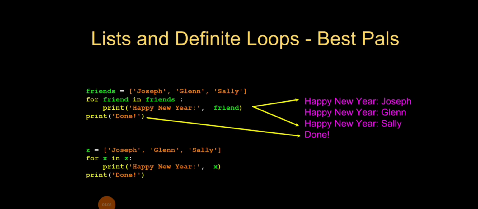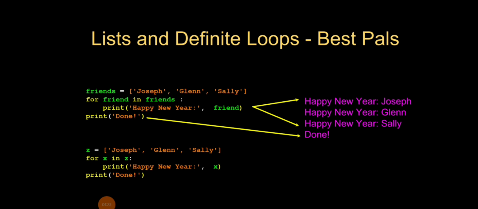So, lists and definite loops. Here we are creating a list called friends equal to Joseph, Glenn and Sally, and then we are using a for loop: for friend in friends, print happy new year comma friend. The program will run until the last list value.